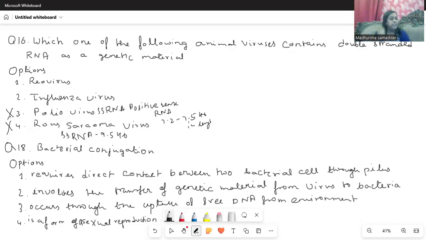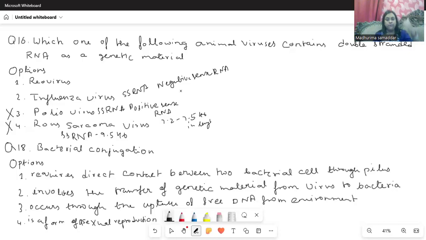Influenza virus, if you take, it is also a single-stranded RNA. It is a negative sense RNA. So basically, it has to be converted into positive sense RNA before it is going for protein synthesis.